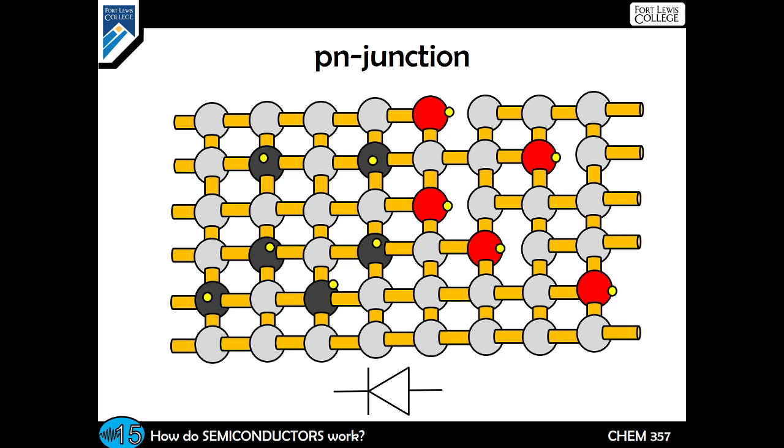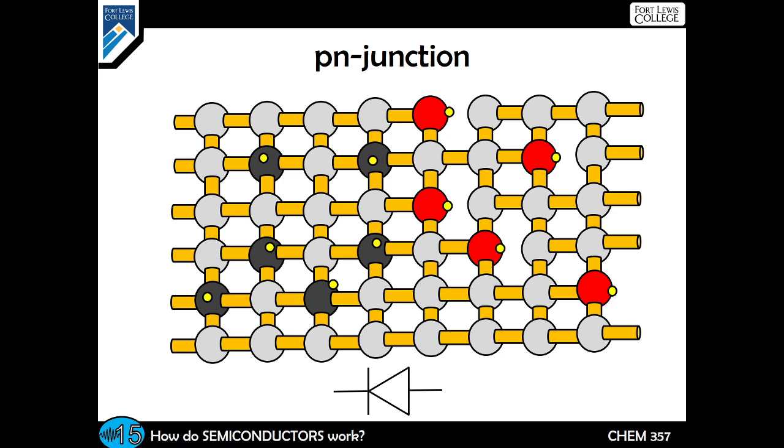If we look at a picture of this, here is our n-doped side, here is our p-doped side. So imagine this is silicon. This isn't drawn as such, silicon would be a tetrahedral structure, but each silicon atom makes 4 bonds.